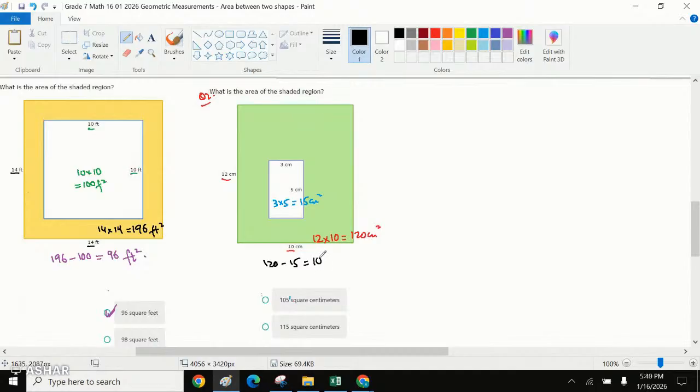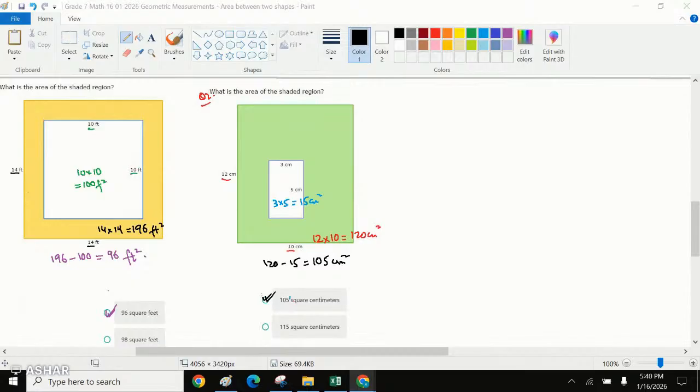Yes, 105 centimeters square. That means option A is the correct answer. Very simple. You don't have to do all the working. You don't have to write the statement if it's an MCQ based question. But if it's a regular question, then you write all the answers.